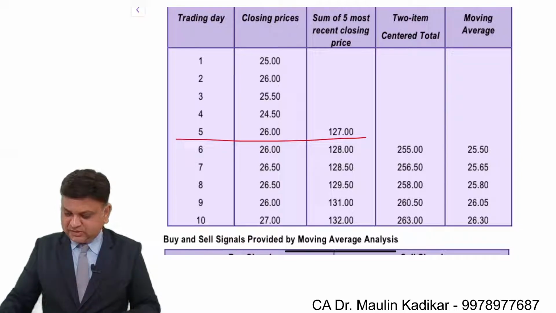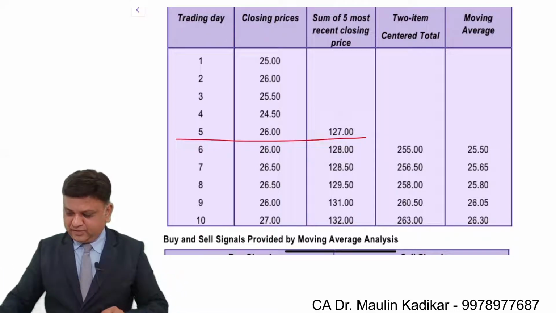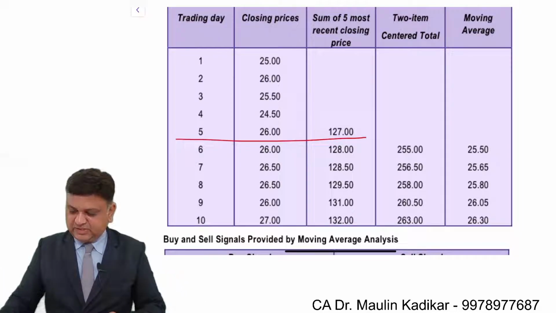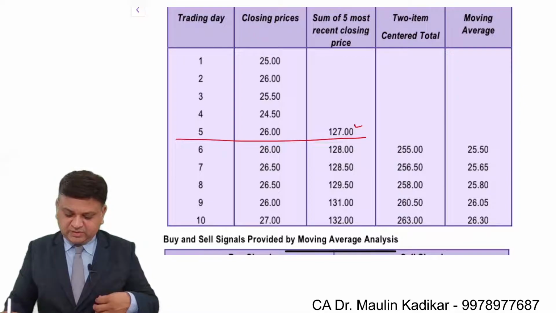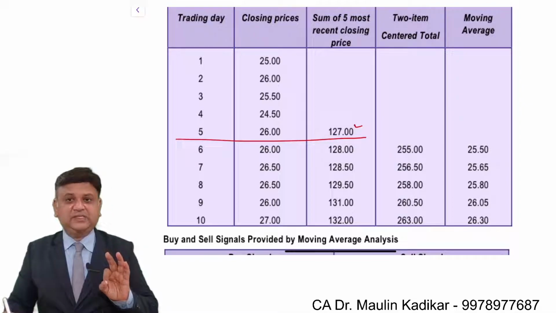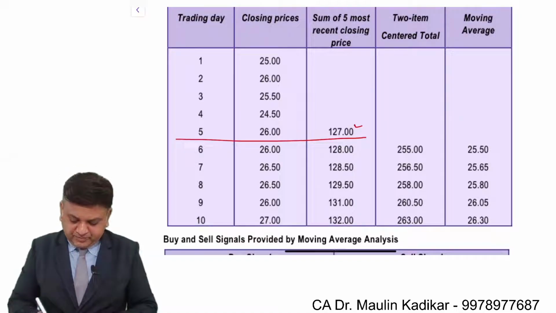$25 + 26 + 25.5 + 24.5 + 26, तो ये टोटल कितना है? 127, डिवाइडेड बाय क्या किया जाएगा? डिवाइडेड बाय 5, that is say 25.4. That is what we understand is a simple moving average for 5 days. फिर 26, तो उसमें क्या किया जाएगा?